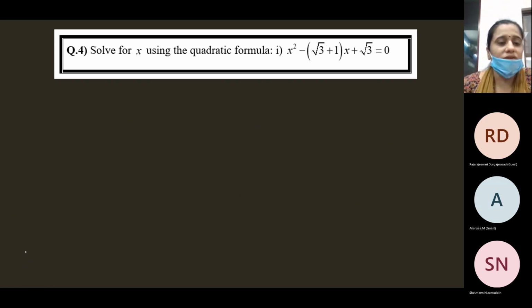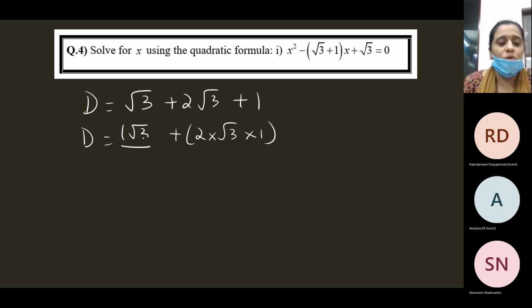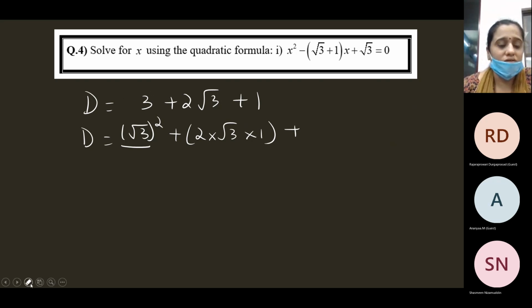Okay. So now see here, I'll just assume that you got 3 plus 2 root 3 plus 1. So d is equal to, this is the middle term, 2 into root 3 into 1. This one is root 3 the whole square, which is 3, and this is 1 the whole square. So it's perfectly of the form a square plus 2ab.